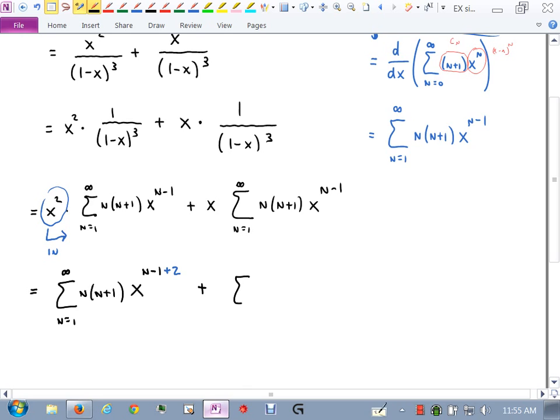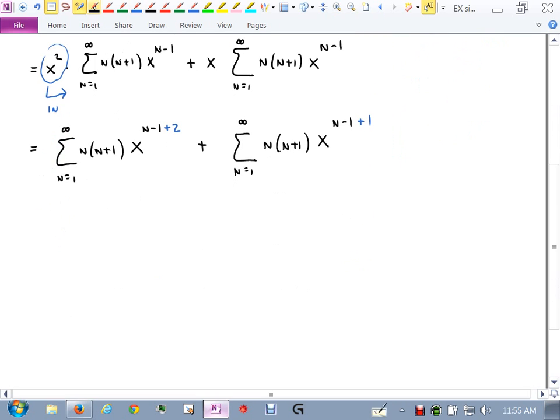Plus this one, n equals 1 to infinity of n plus 1, and then x to the n minus 1, but then plus 1. Same story there, which is equal to the sum n equals 1 to infinity of n plus 1 x to the n plus 1. Then over here plus the sum n equals 1 to infinity of n times n plus 1 x to the n.